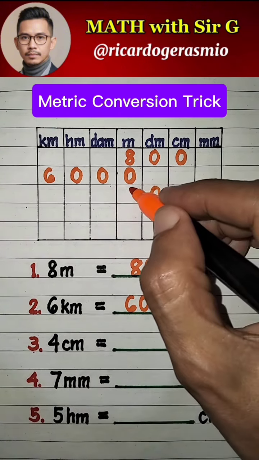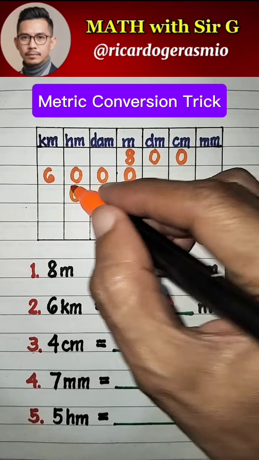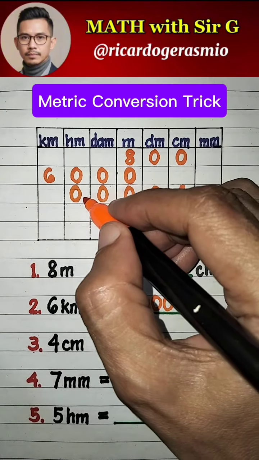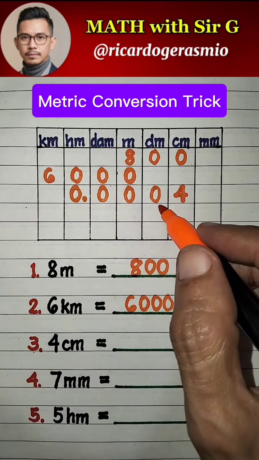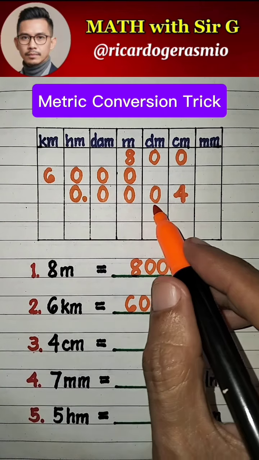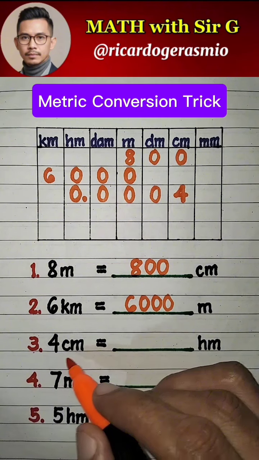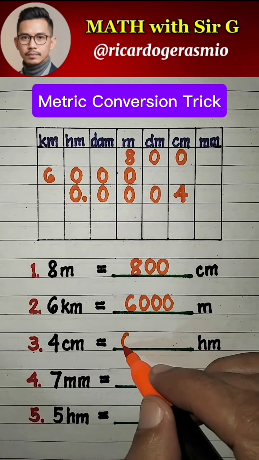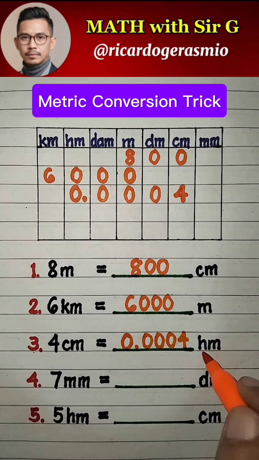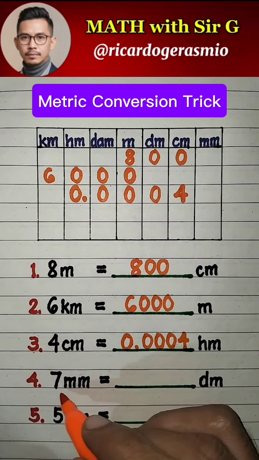So 0, 0, 0, then up to here in the column of hectometers. We will put a decimal point, guys, since we are writing zeros backward. Okay, guys? So the result is 4 ten-thousandths. Okay, so meaning to say that 4 centimeters is equal to 4 ten-thousandths hectometer.